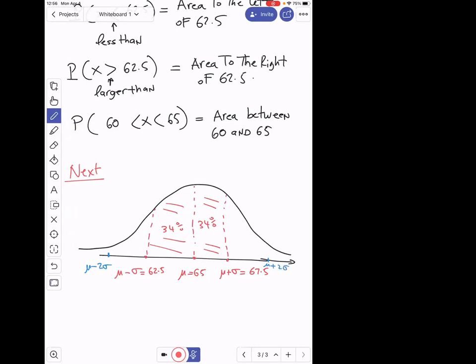Anyway, now if, for example, I want to find the percentage of women taller than 66 inches.